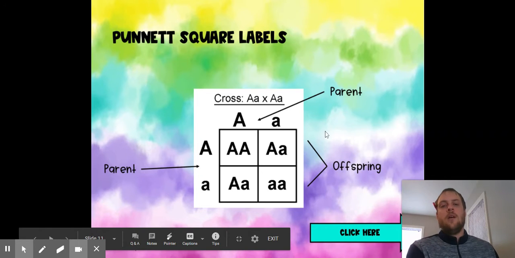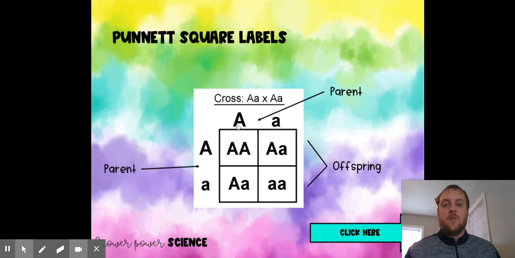So the way we set these up, and I'll break down how you fill them out as well, you get your genotypes from your parents. In this case, we have two heterozygous parents. So they have a capital A, lowercase a, and another big A, little a over here. We put their genotypes on the top outside and the left outside of the Punnett square box.